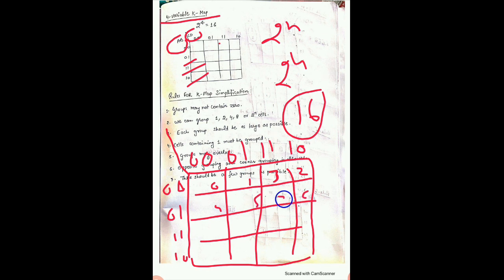So we can use the standard configuration that the first cell is denoted as 0, second cell is 1, then 3, then 2. Here we can write 4, 5, and this one is 6, then this is 7, then this is 8, this is 9, this is 10, this is 11, then this is 12, this is 13, this is 14, and this is 15.